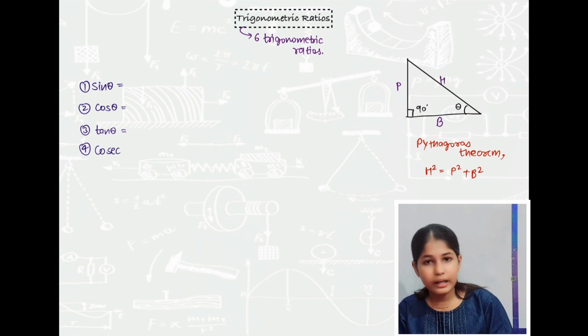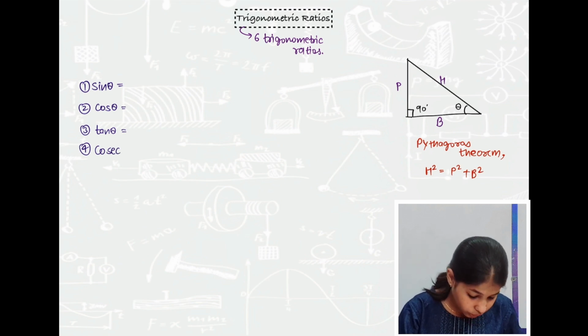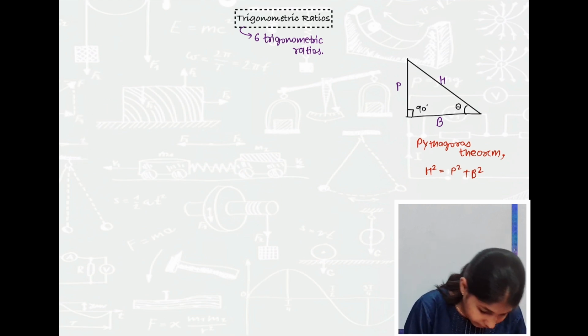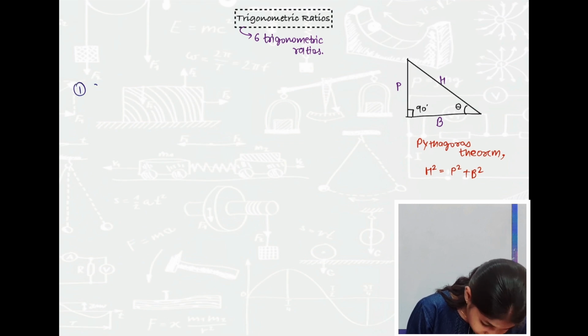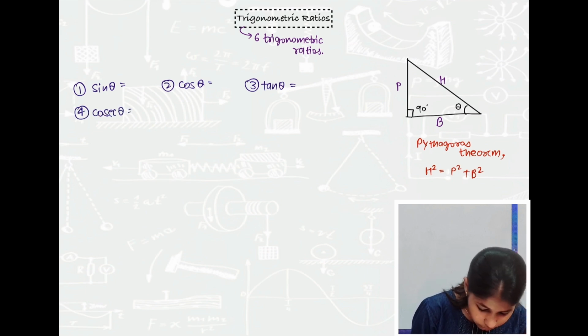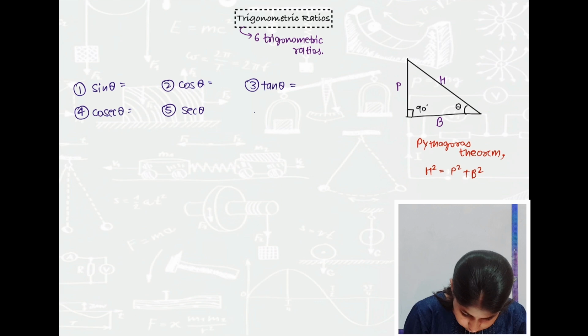I am going to write it in horizontal form so that you can also relate. So sine theta, second is cos theta, third is tan theta, fourth will be cosec theta, fifth will be sec theta, and sixth will be cot theta.